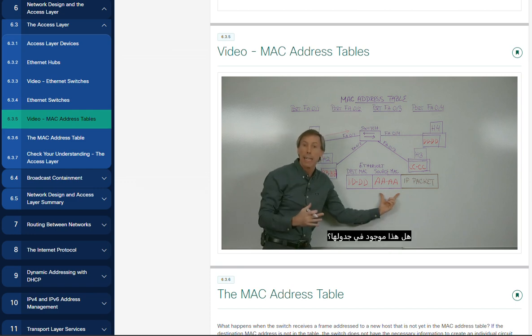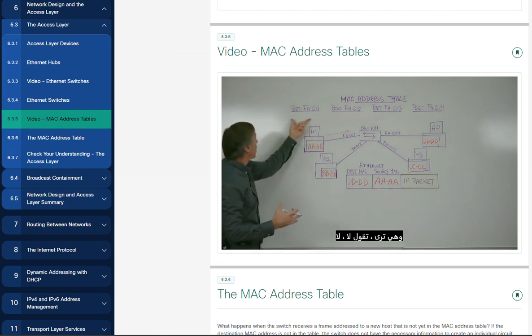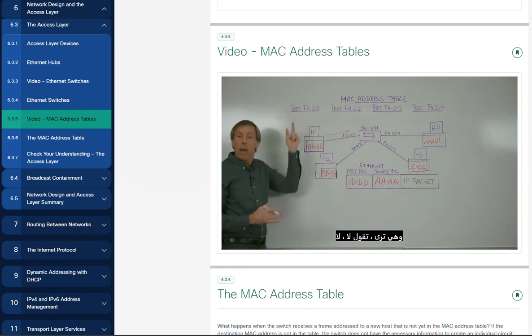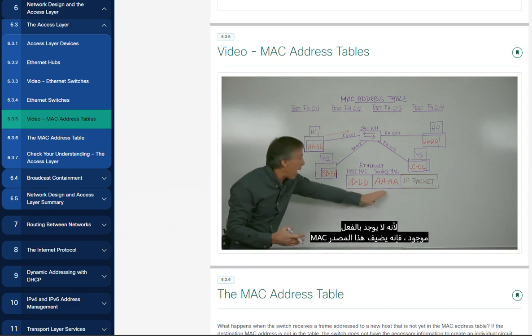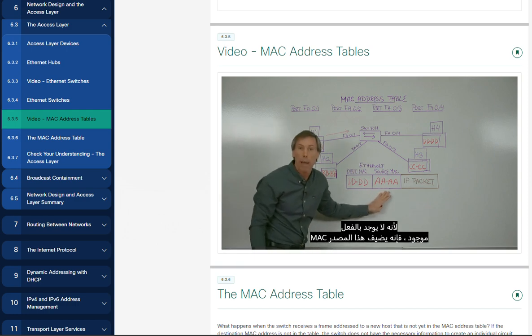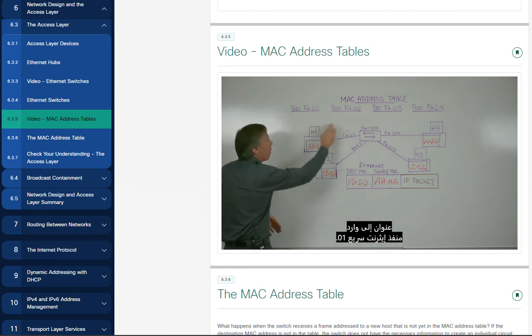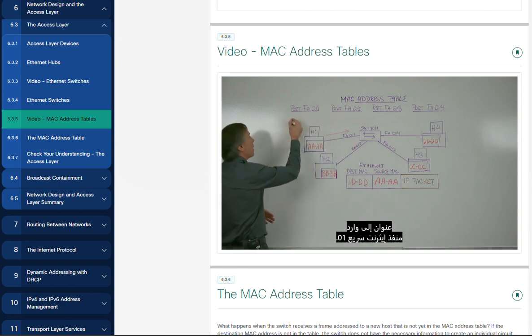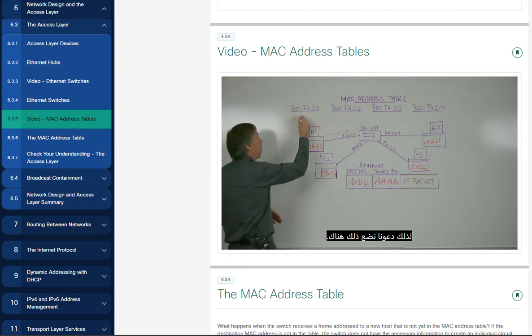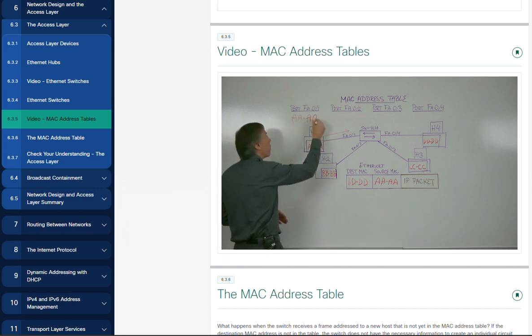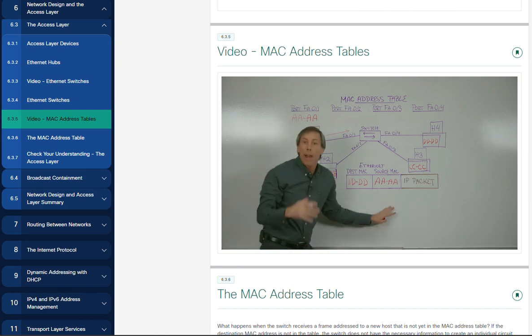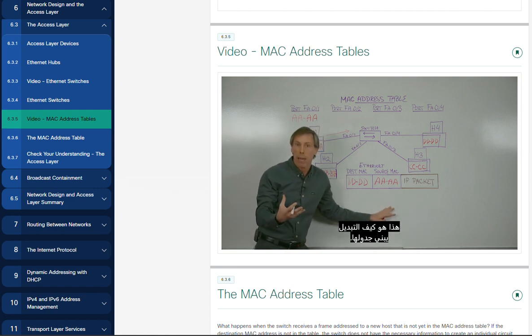Does that exist in its table? It sees that no, it doesn't. Because it doesn't already exist, it adds this source MAC address to the incoming port, Fast Ethernet 01. So let's put that right there. So that's how the switch builds its table.